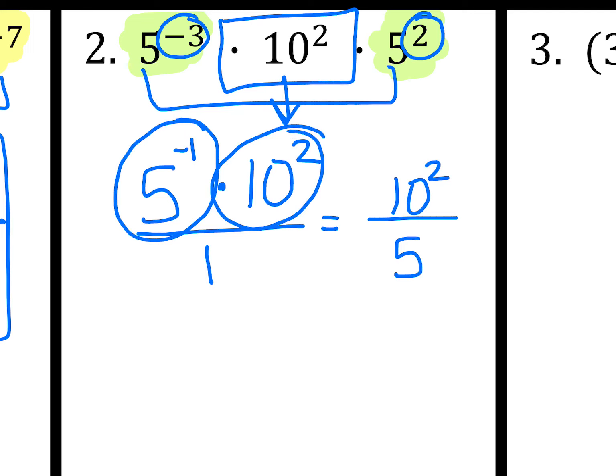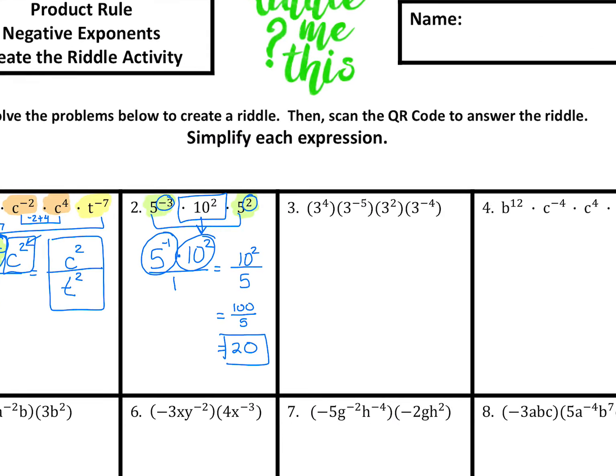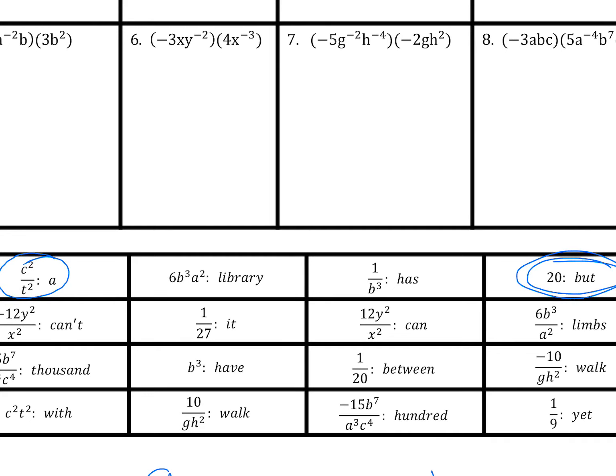Now we need to simplify further. 10 squared is 100 over 5. 5 divided by 100 is 20. So our most simplified response here is 20. We're going to come around and find 20 here, which is but. So where we see a 2, we're going to put a but.